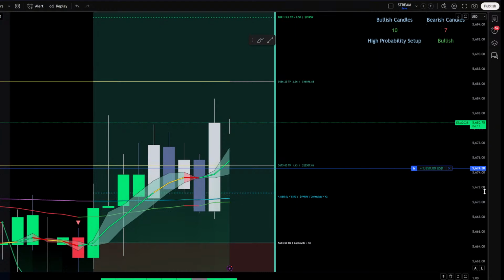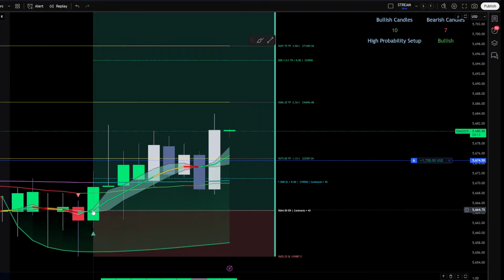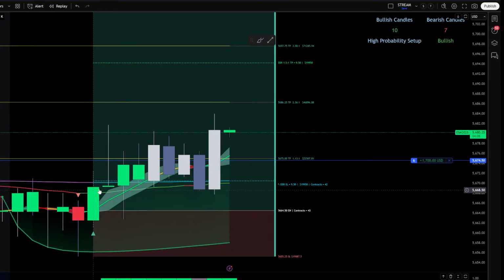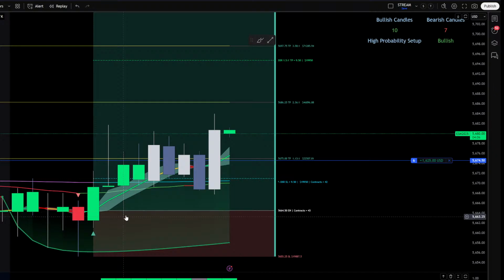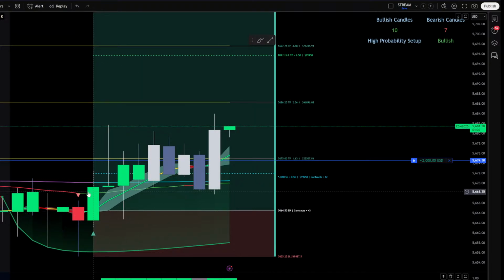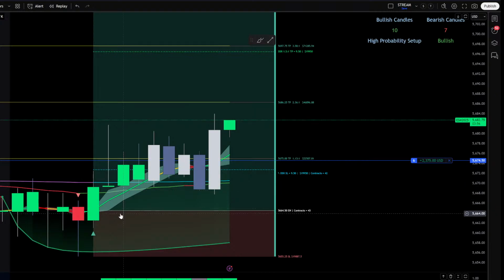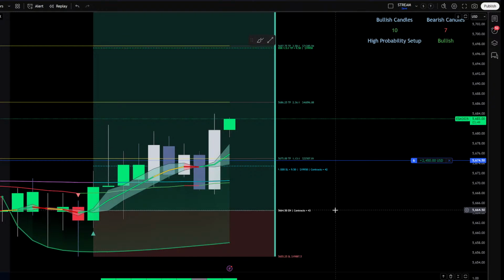So the roll of 84 in this example: if you entered the trade here and got stopped out, and then it comes down and you get a continuation. Usually, guys, if you got stopped out here because you're protecting your entry, the rule says that when you get stopped out, then you get a re-entry right here at this line.